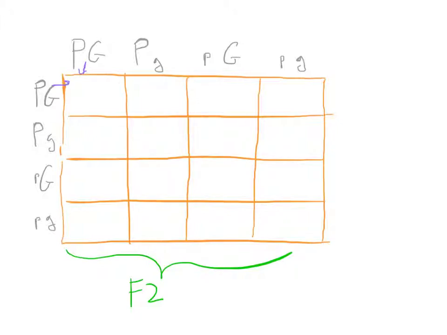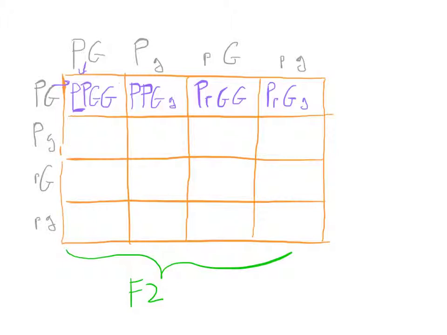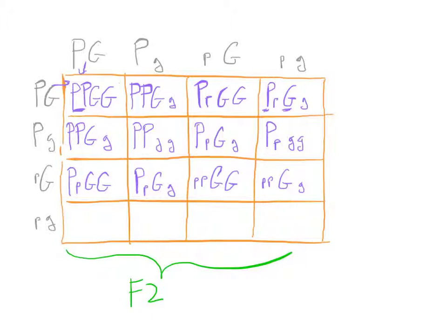So this individual would have this genotype, big P, big P, big G, big G. Notice you keep the same letter types together. So the first row is filled out like this, and I keep the capital letter in front of the lowercase letter, like that. And here's the second row, filled out. And the third row. And there's the fourth row.